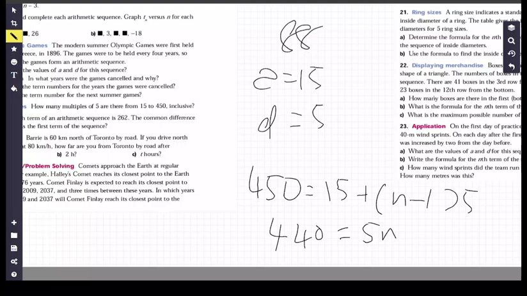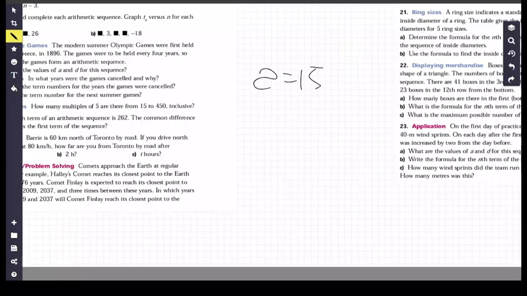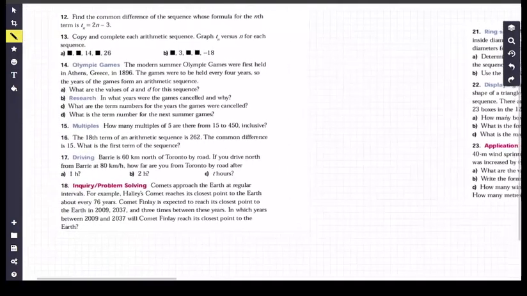So that doesn't include 15. You might have noticed that because it said inclusive for a reason. So essentially you're going to give your answer as 88 plus 1, 89. All right. So 89 multiples of 5.